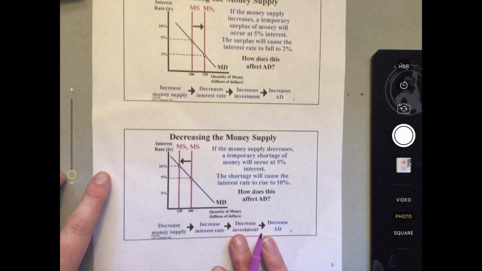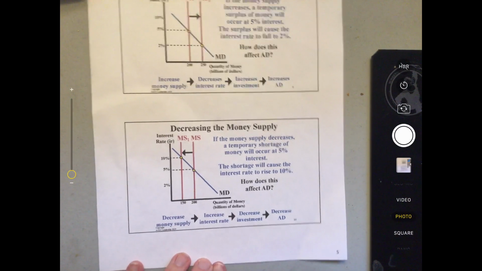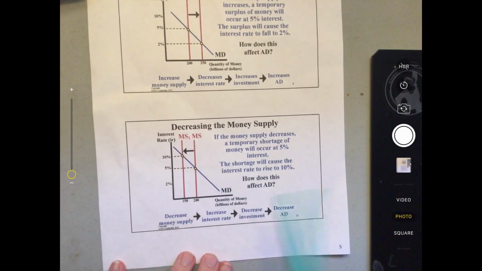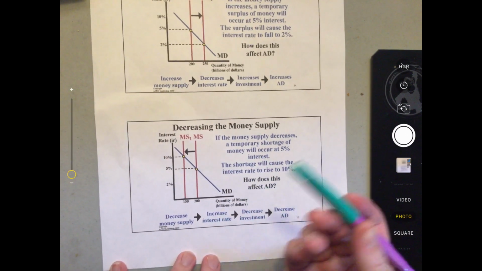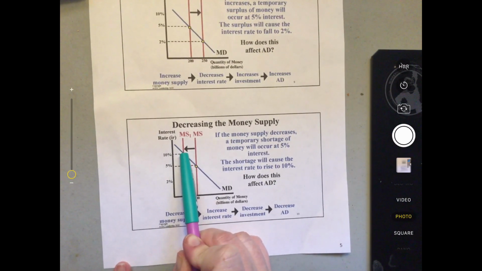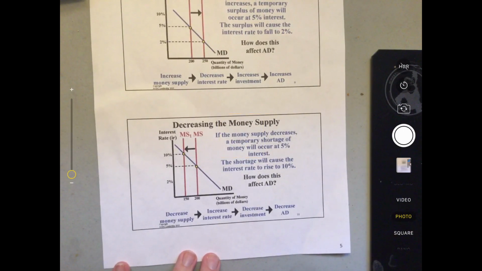Okay, if we were in an inflationary gap or a positive output gap, the Fed might come in and decrease the money supply. When that happens, and we'll learn how that happens again in 4.6, the interest rate increases. Now businesses are not going to want to invest as much, and that is going to decrease aggregate demand.